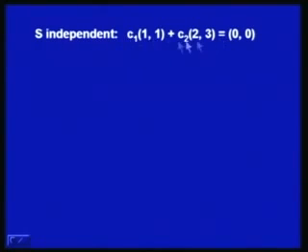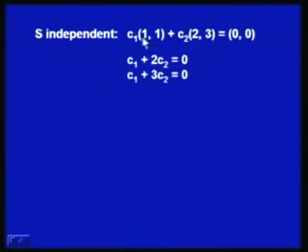Again, we have to form the linear combination of the given set, C1 (1, 1) plus C2 (2, 3), and equate it to 0. And let us see what we have next. C1 plus 2 C2 is equal to 0, and C1 plus 3 C2 is equal to 0. So we have two equations and two unknowns.